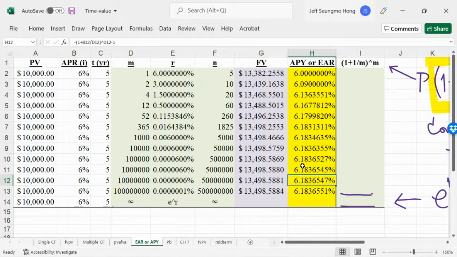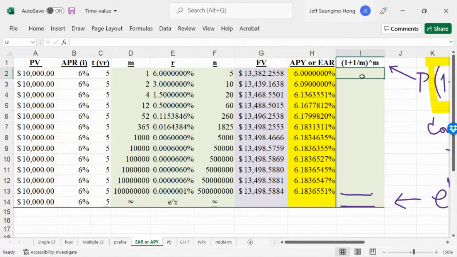It doesn't increase like 100% or 200%. Obviously, the higher the compounding frequency, the greater the future value, or the greater the effective interest rate. This is also called effective interest rate, APY or EAR, right? But there's a limit.